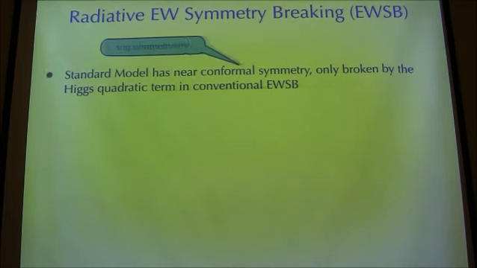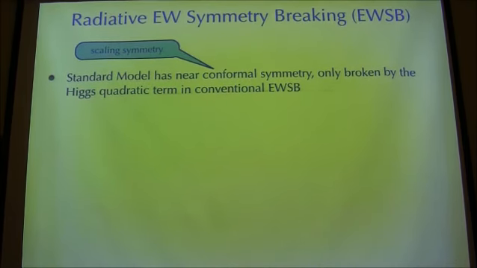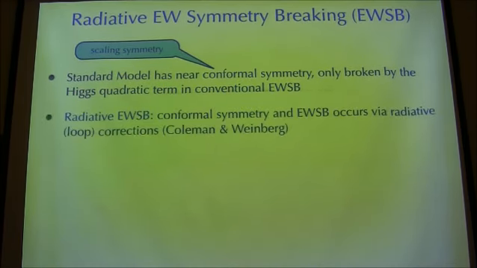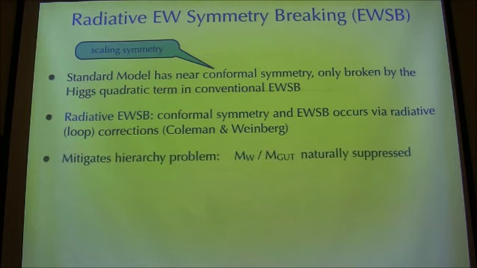Okay. I'm not going to spend much time on this, other than to say this is some of our work. Essentially the only place in the standard model that conformal symmetry, which is scaling symmetry, is broken is by the Higgs part. So the question is whether that's really natural or whether it's just some contrived approach to symmetry breaking.